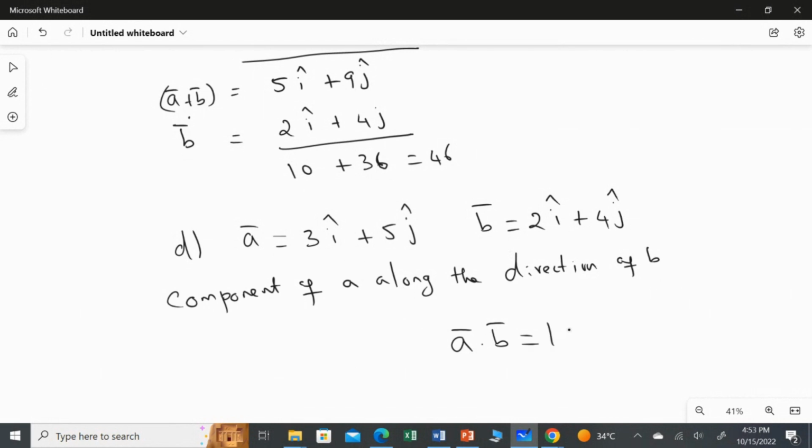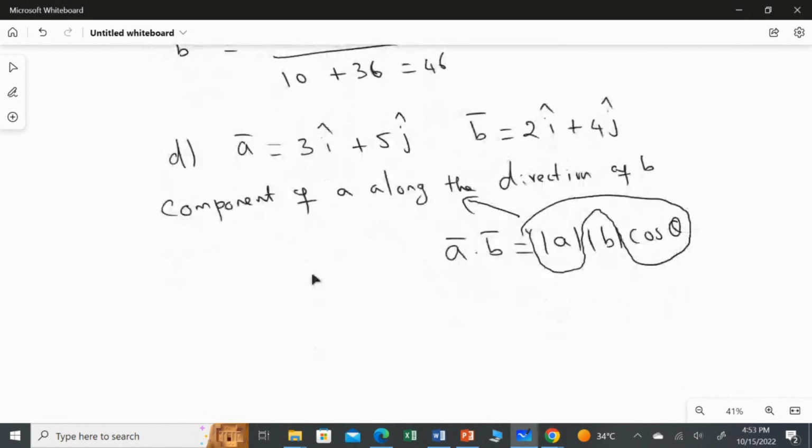What's the formula? Magnitude of A vector, magnitude of B vector multiplied by cosine theta. So what's the meaning of component of A along the direction of B? They mentioned A cosine theta represents this one. So component of A along the direction of B is nothing but A cosine theta.